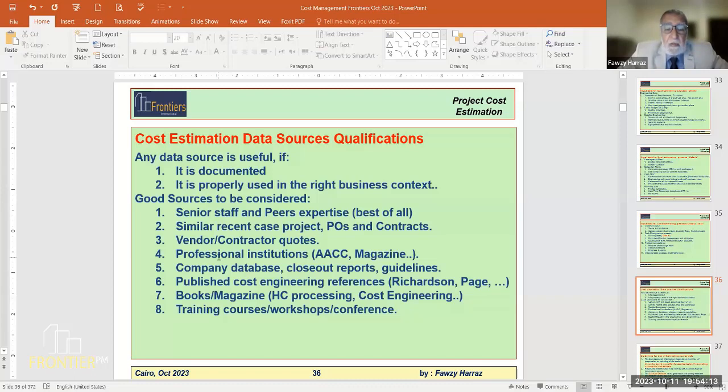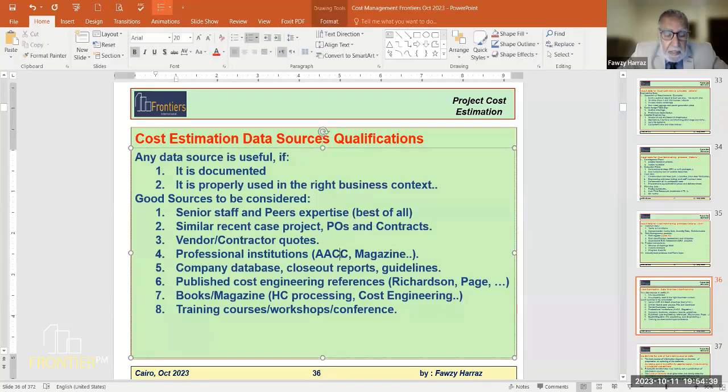Vendor and contractor budget quotations. That's one very useful thing, and it can be used for concept selection and for some items in the definitive estimate, some small items actually can be used. Professional institutions, I think this is AACE, American Association of Cost Engineers.